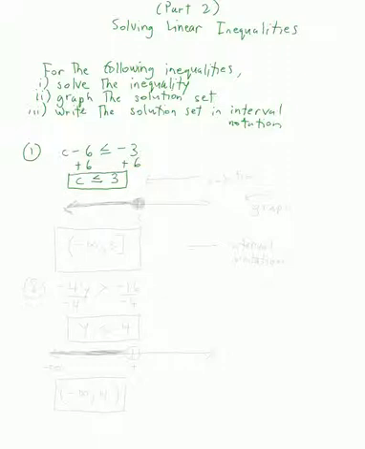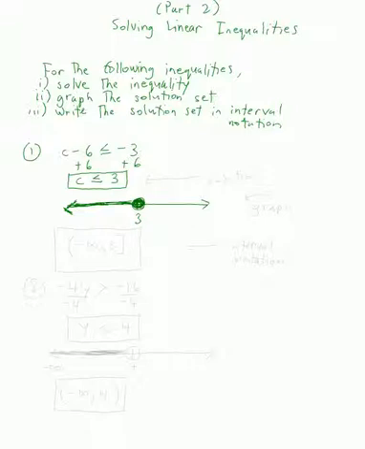Then it also says graph the solution set, so I create my line. There's 3. Because it's less than or equal to, I shade to the left. And because it's equal as well, I do shade in the 3.